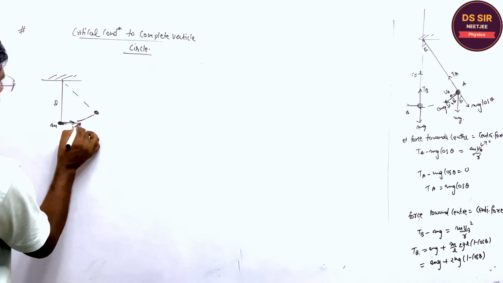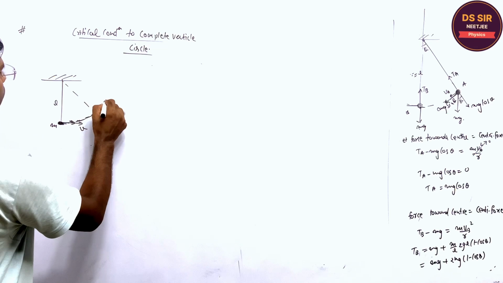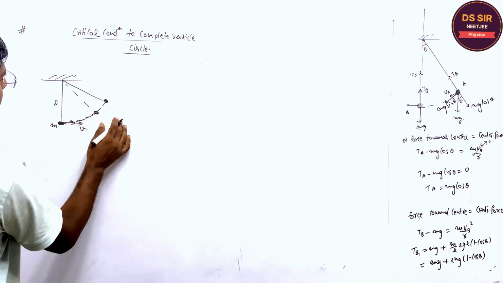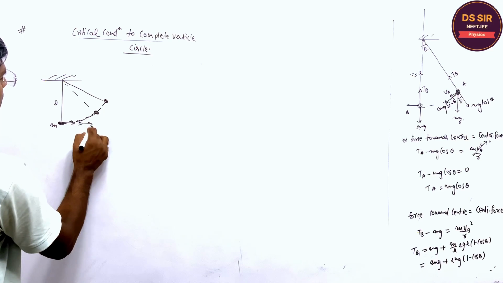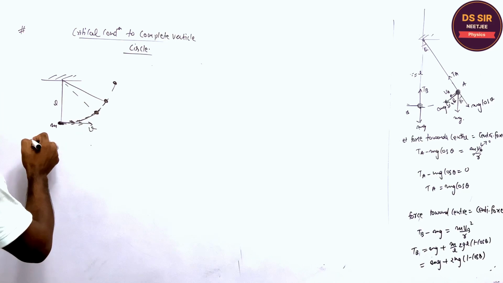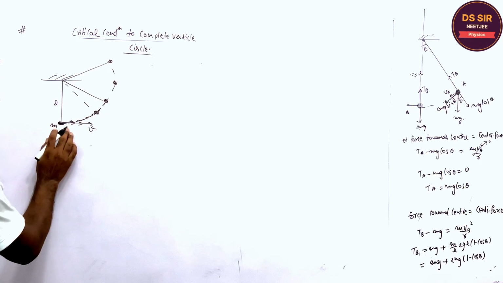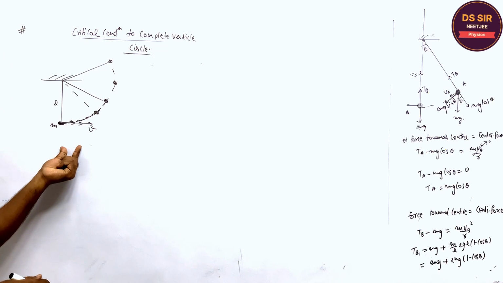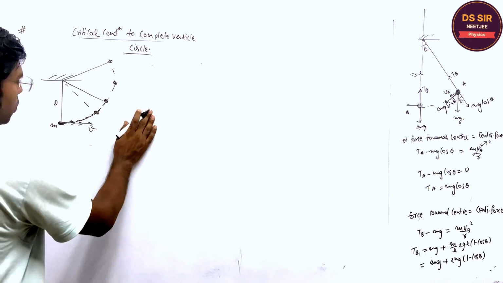If you increase the velocity, what will happen? It will move to more height, right? It will come down. If you give more velocity, it will move up to this height and will come down. Increase the velocity. So you have to give the velocity at the lowest point so that it can complete the circle, right? The question is what?